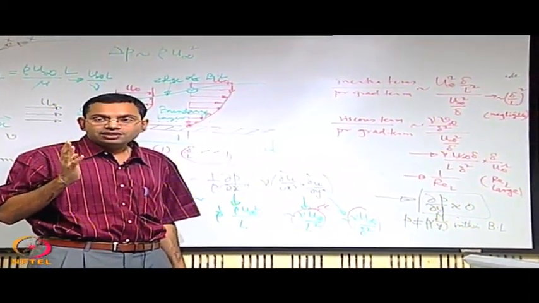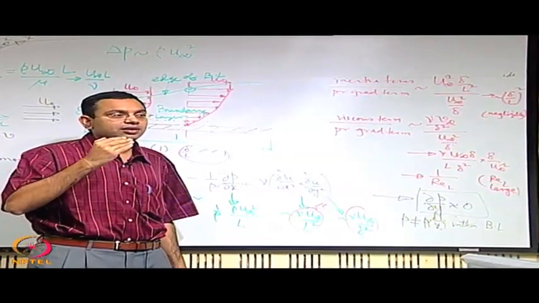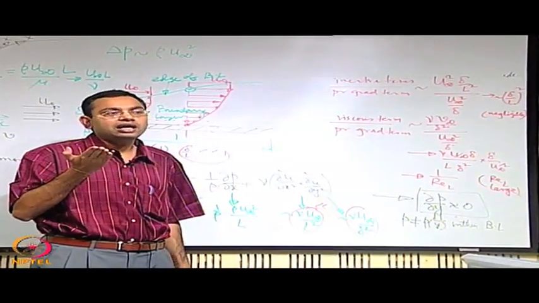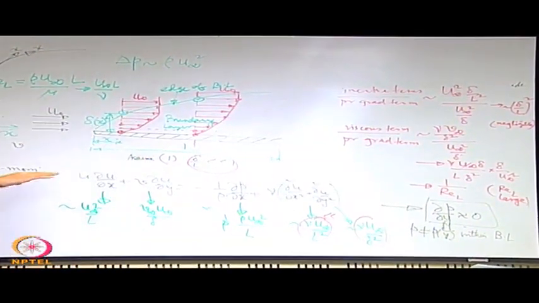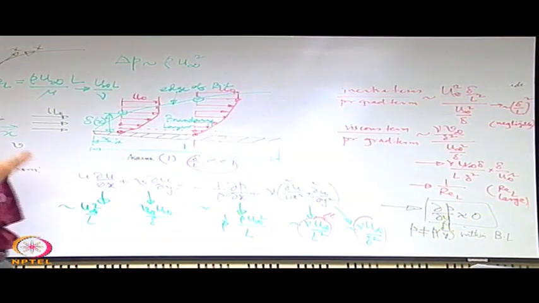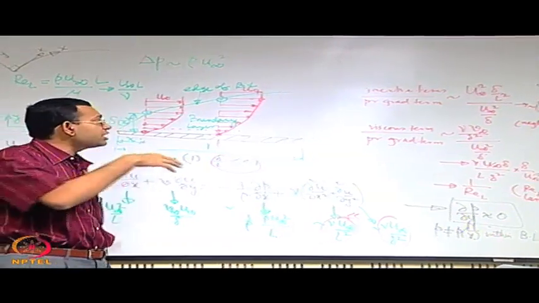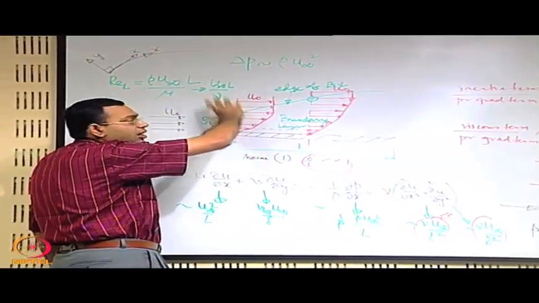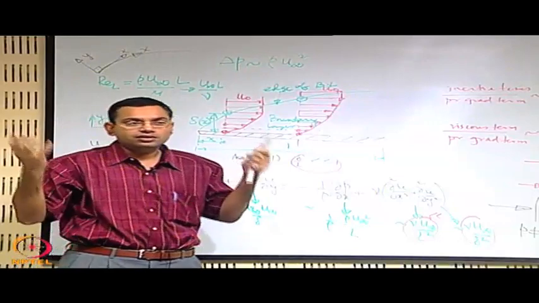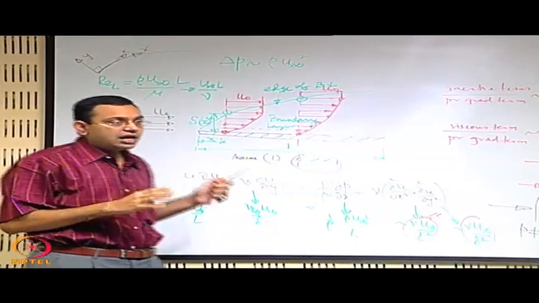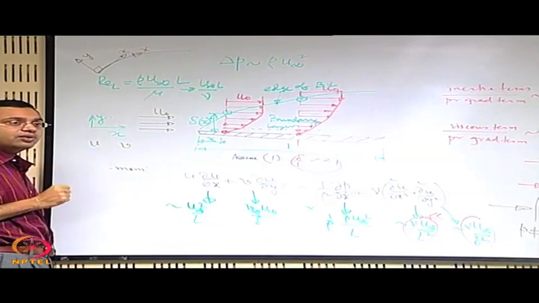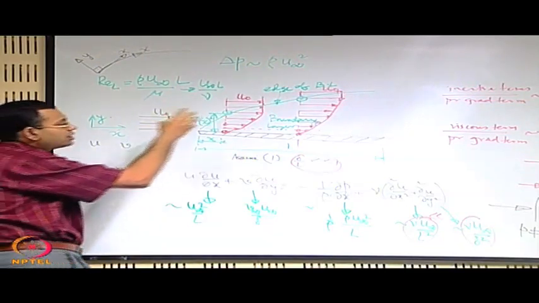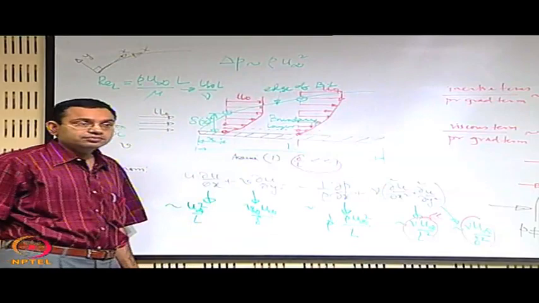So, that means we can say that the pressure variation within the boundary layer is not important. What it means is that whatever is the pressure gradient that is acting on the flow is because of the pressure gradient that is imposed in the outer stream or the free stream by whatever mechanism. And what is the simplification that you have for the outer stream? The outer stream is like an inviscid flow.